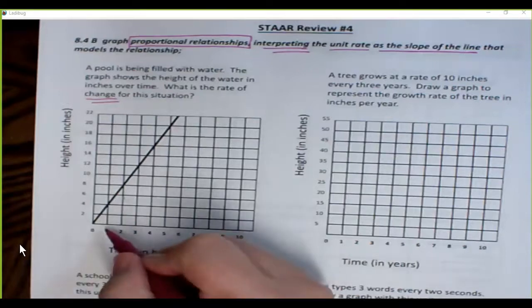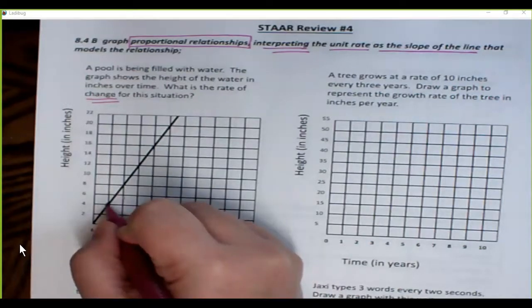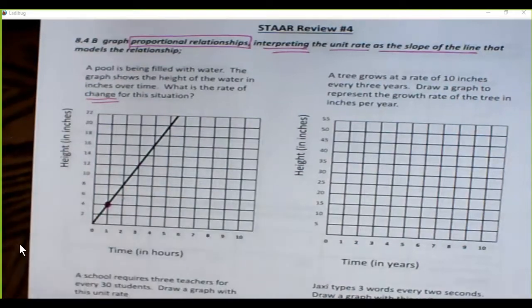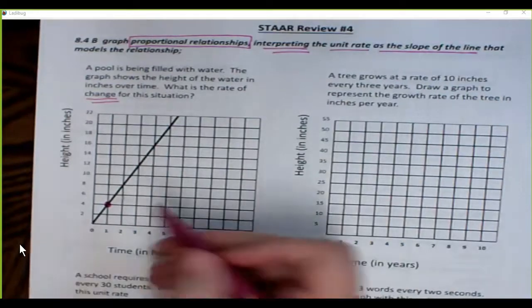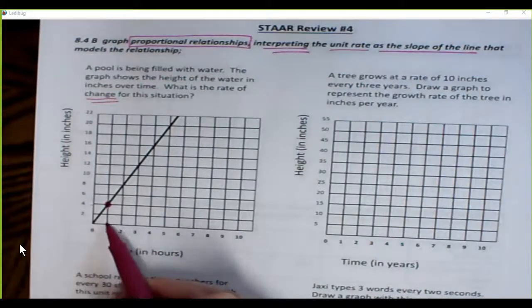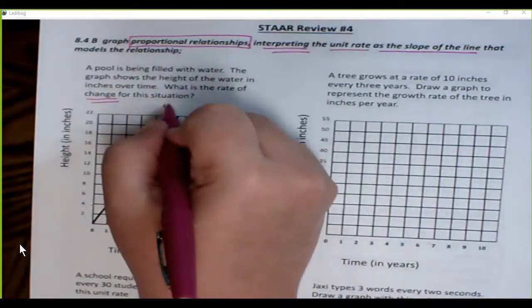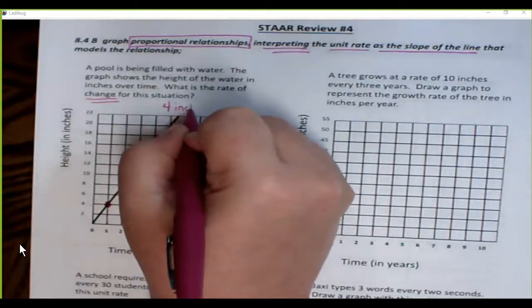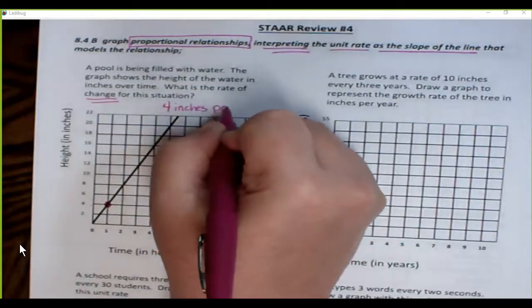In 1 hour, it's filling up 4 inches. I know your paper, the line is just a little off of 4, but that's just from running the copies so many times. So we are filling up 4 inches per hour, right? So 4 inches per hour.